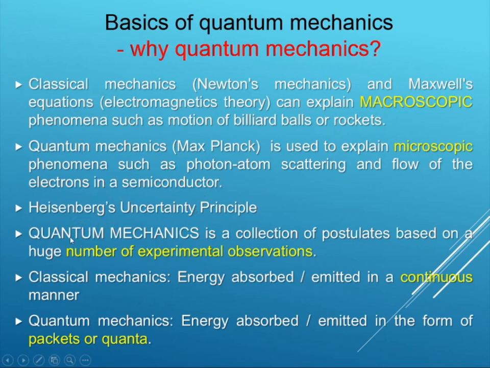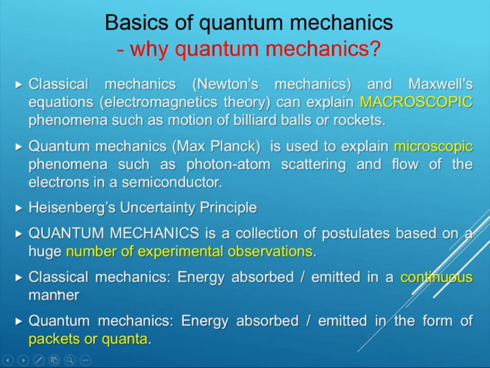Now, what exactly is quantum mechanics? It is the collection of postulates based on a huge number of experimental observations. See the difference between the absorption and emission of energy in the classical concept and the quantum concept.